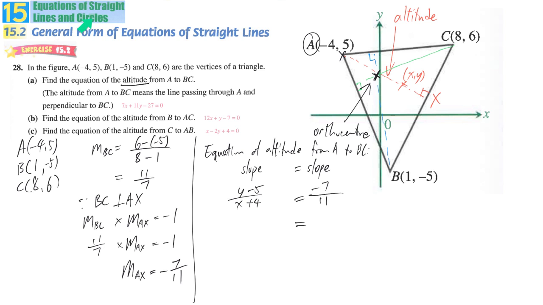Because this exercise asks for general form, I get the general form directly. But usually I will write the slope-intercept form. We put every term on one side, so 7x plus 11y minus 55 minus 28 is 0, plus 28.